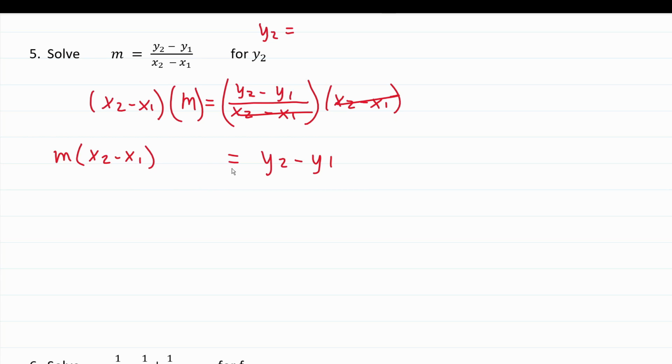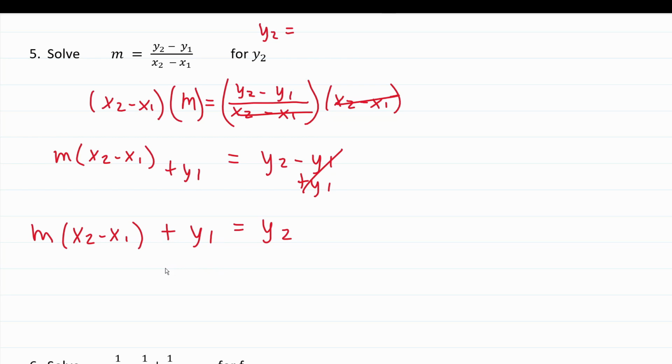And at this point, the only thing we have left to do is to get rid of this minus y1 here. The opposite of subtraction is addition, so we're going to add it to both sides to get rid of it. This crosses out here, leaving you with y2 over here. So this is m times x2 minus x1 plus y1.